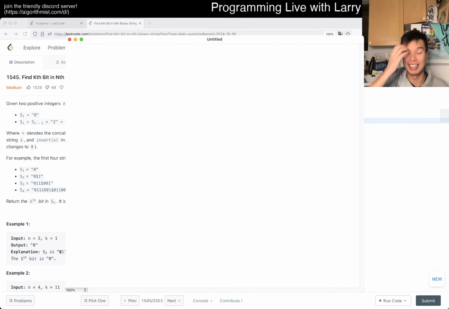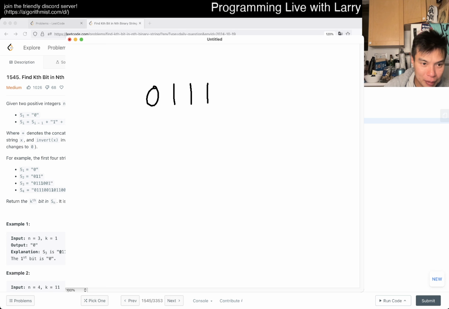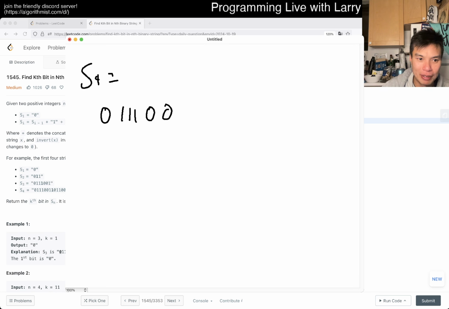All right. So the idea here is that, now you have... Let me actually write this out. Maybe ASCII art would have been okay. But anyway, you have this, this is S4, right? Mind the poor handwriting.